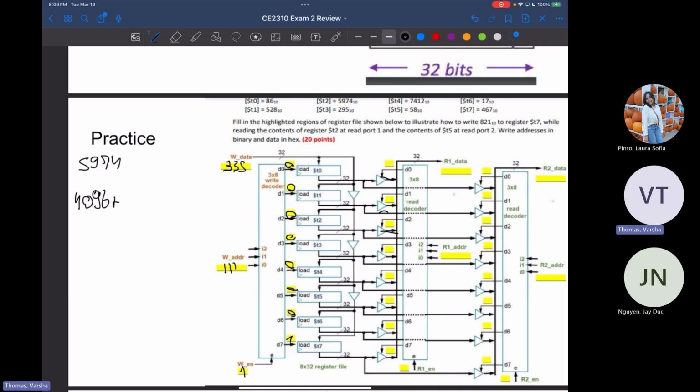Plus 1,024, plus 512, plus 256, plus, let's try 128. No, that's too much, so we do plus 64. 5952. Oh, sorry.